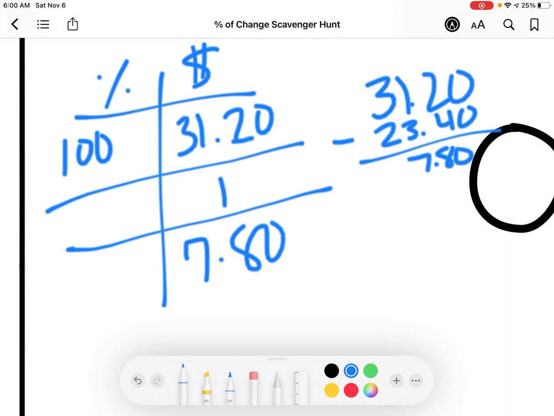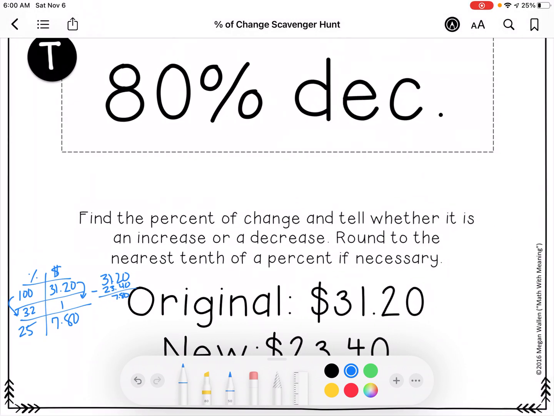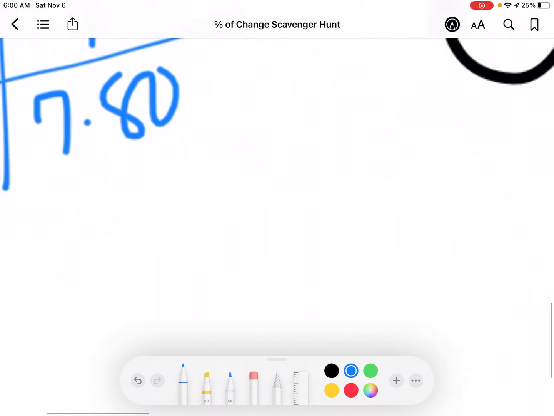So that's the change. So I divide by $31.20. And I get 3.2 and so on. So I'm going to multiply by 7.80. And I get 25. So it's a 25% decrease because we're going down.